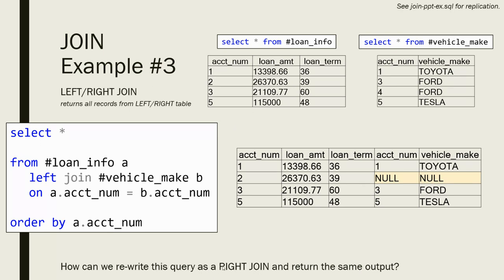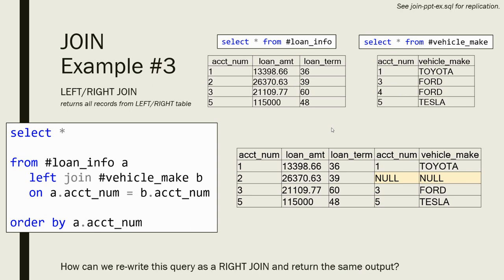And then note that we can rewrite this query as a right join by reordering the tables within the from clause and then introducing a right join. Essentially we'd be establishing the loan info table as our right table, and with a right join, we would see those same values displayed, regardless of whether they appear in what would then be our left table, because we've restructured the query.